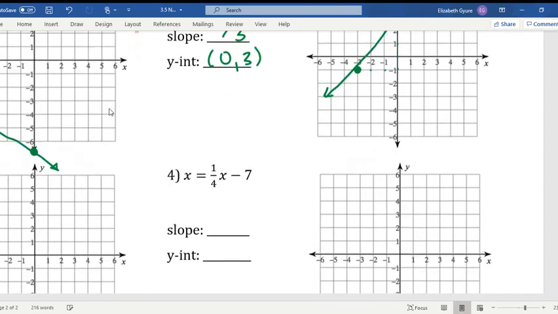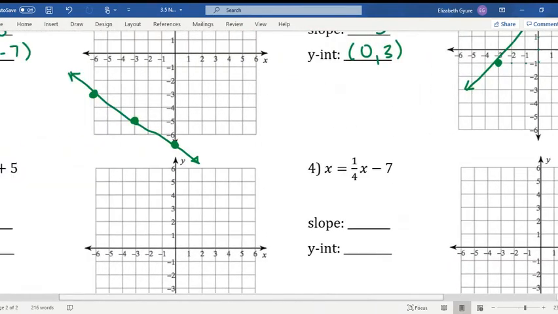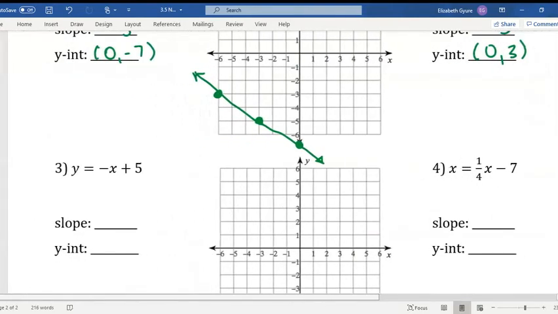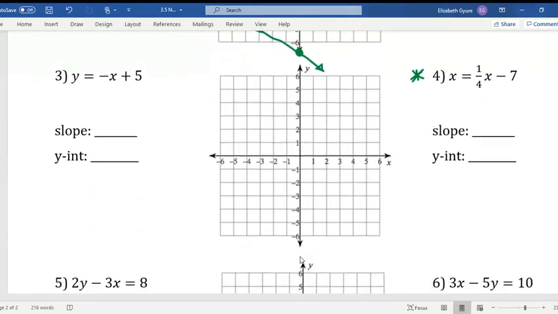Got a couple more, I think. Yes, okay. So we're gonna do number 3 together, and then I'm gonna have you guys try out number 4 on your own. Okay? So number 3, the reason I wanna look at this one is because your slope looks a little funny. What looks a little funny about my slope?